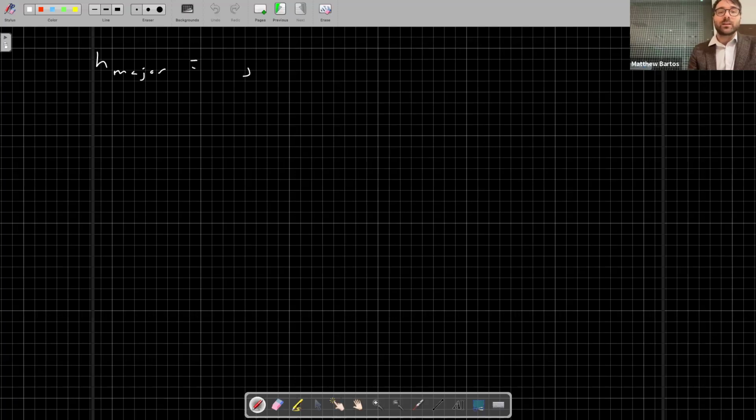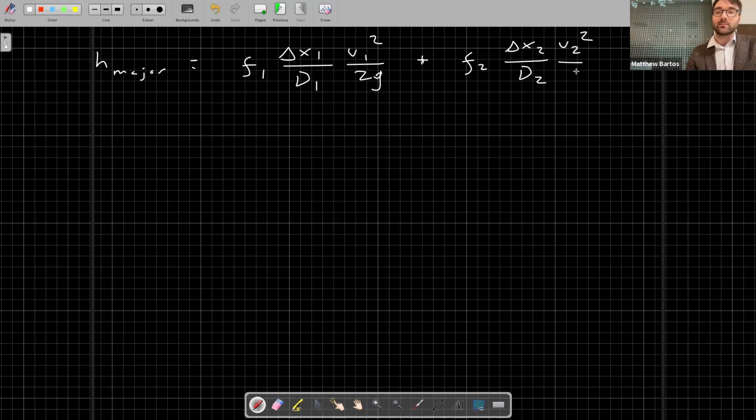For pipe 1, we have friction factor for pipe 1 times delta x1 divided by d1 times u1 squared over 2g. For pipe 2, we add to that f2 times delta x2 divided by d2 times u2 squared over 2g.